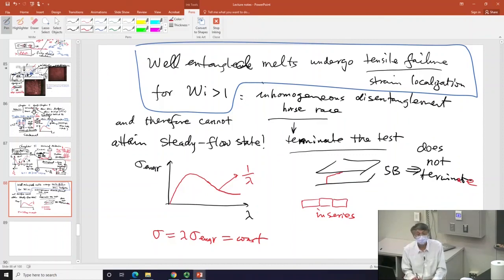So I claim that such polymers under this condition cannot achieve that. Well, because it broke, right? The sample break apart. Okay? This is what we observed.